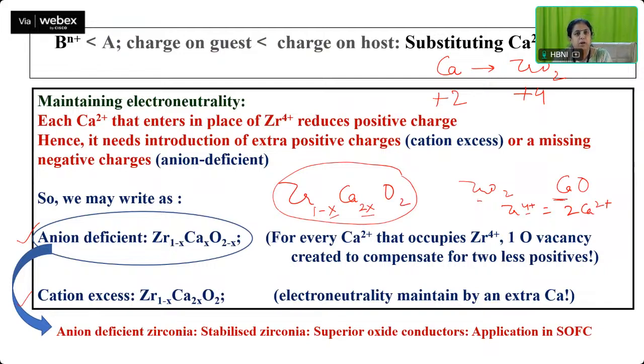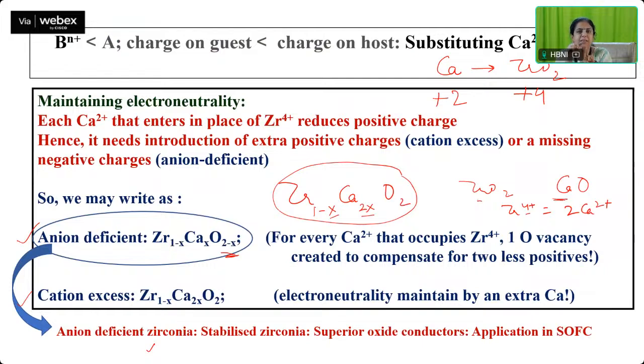Calcium based stabilized zirconia, yttria stabilized zirconia, they are all technically very important materials. They exhibit a wide variety of properties because they're good catalysts, they're good oxide ion conductors. Okay, so anion deficient zirconia. Now in this you see, as I told you in the last class, when you want to design ionic conductors, you have to see two things.